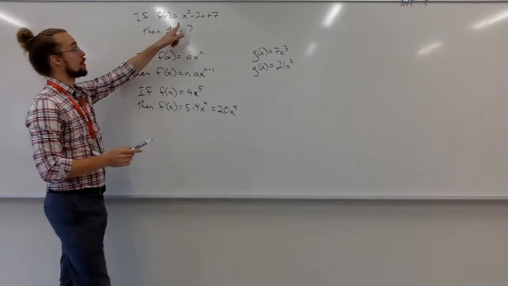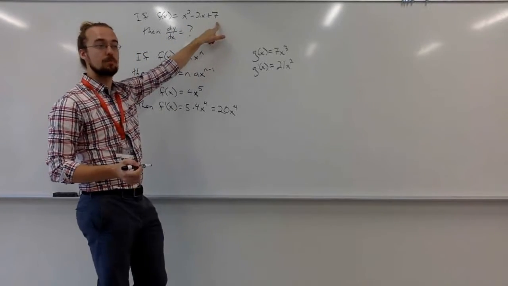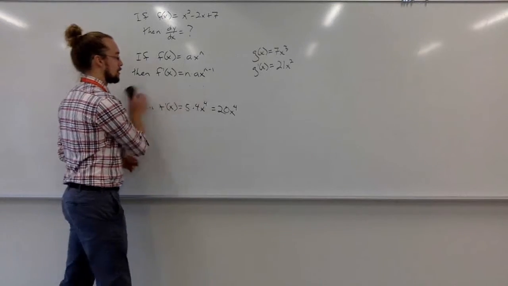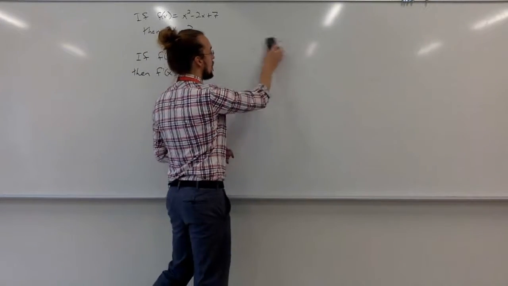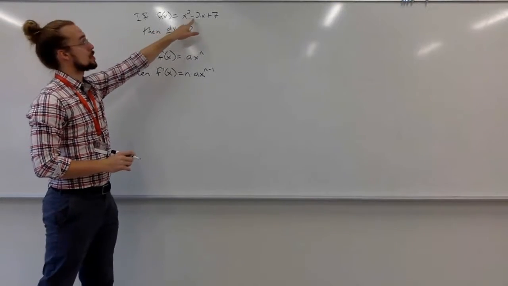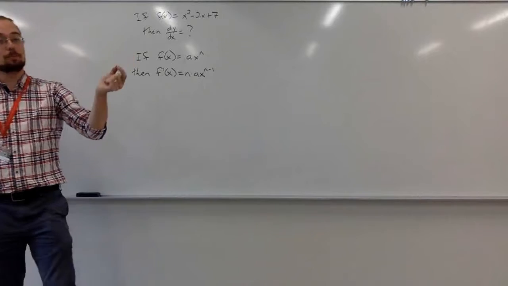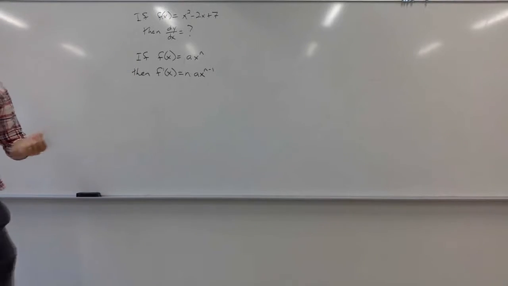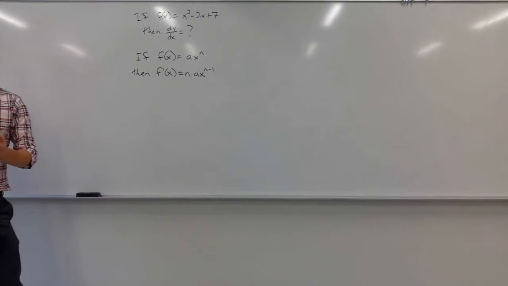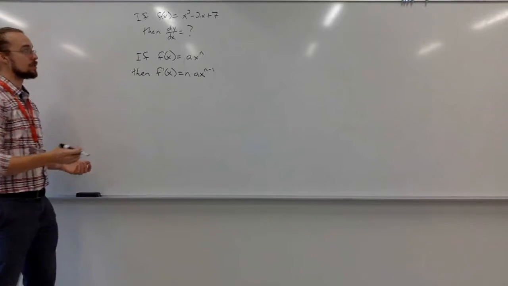So if I've got multiple terms, like this one up here, let me erase these examples. What I can do is just take the derivative of each piece individually. Whenever I'm adding or subtracting different pieces, I can take the derivative of each piece individually.